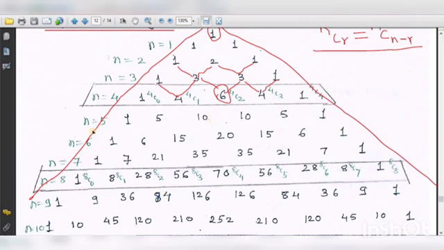In this way you can obtain this table immediately up to n equals 10. Generally we need it up to n equals 8, but it depends on the power needed in the example. Here I have obtained this Pascal triangle up to n equals 10. Now, how to read this table? We directly pick up the binomial coefficients for our expansion.